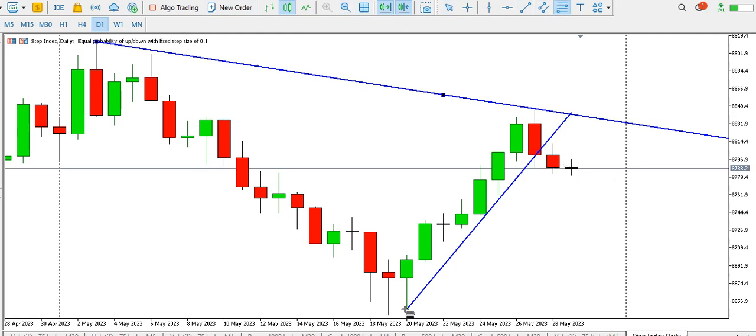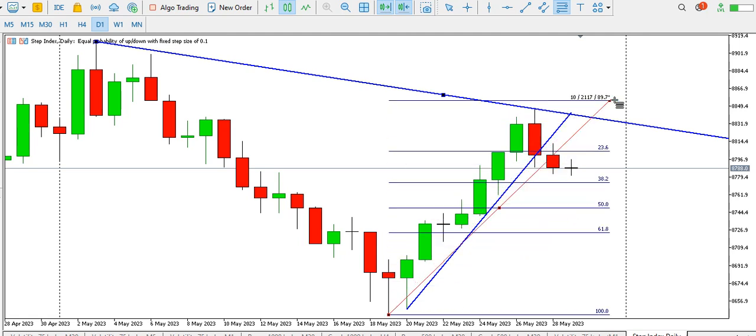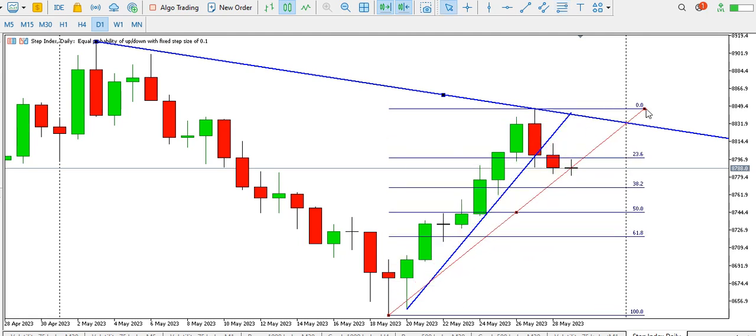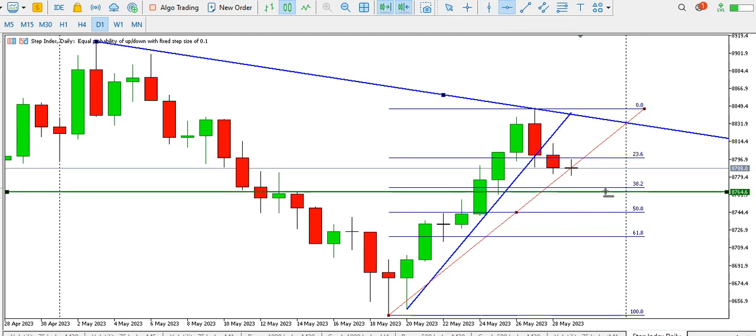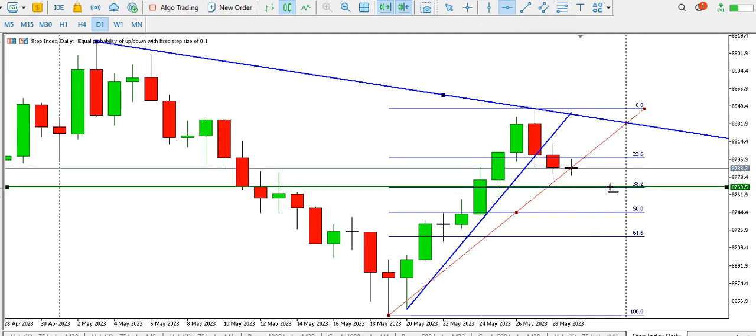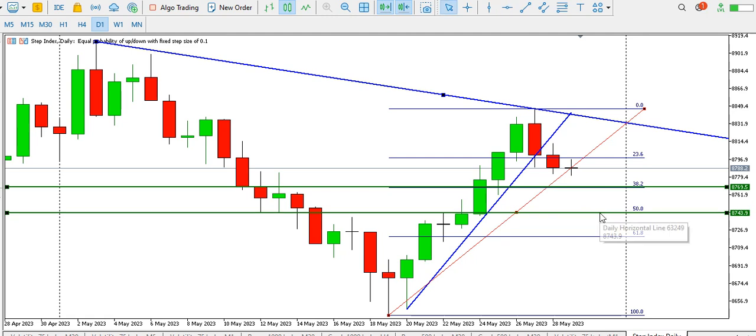And if price is going to retrace, let's take a look at the Fibonacci retracement tool. Price might retrace down to the 38.2% Fibonacci level. I'm talking about the 8769 level, and price might take it further to the 50% Fibonacci retracement level.